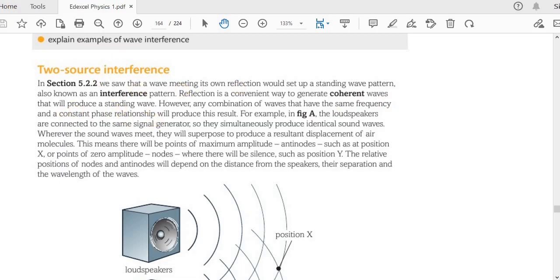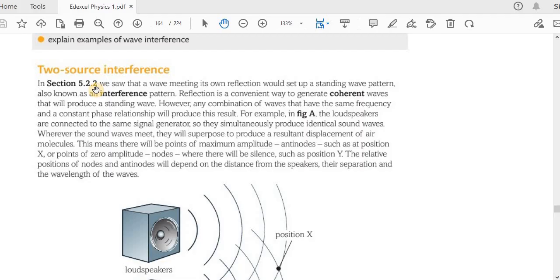If you want to see the demonstration of this, you can refer to the previous lesson where I had a demonstration. The incident wave gets reflected and then the incident and reflected waves superpose to produce the standing wave. So it's in the previous lesson, and how a standing wave is formed.